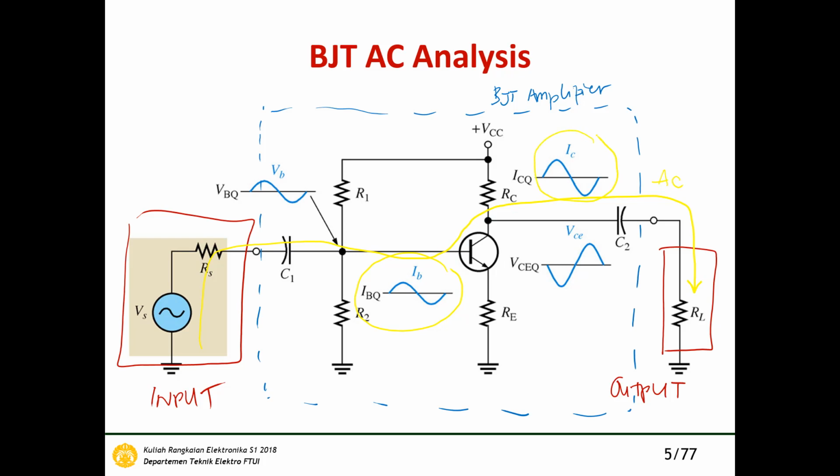This is amplification, because the magnitude of IB is lower than the magnitude of IC. We can also see this from the magnitude of the voltage, VB here, and then VCE.